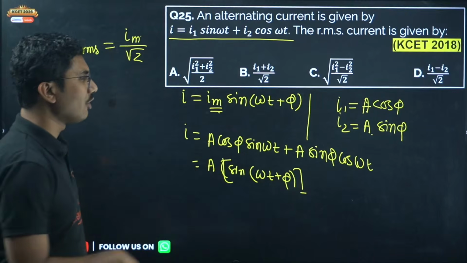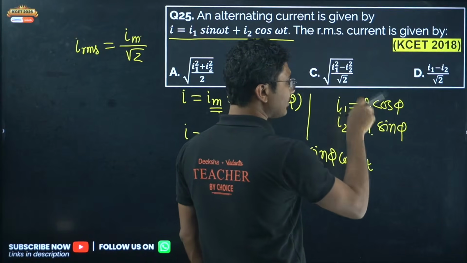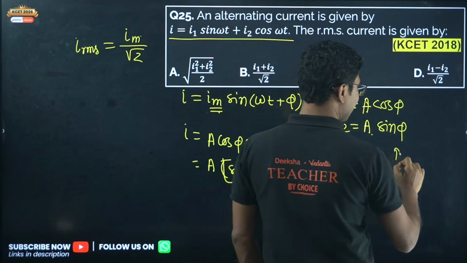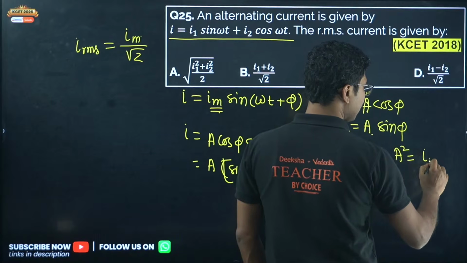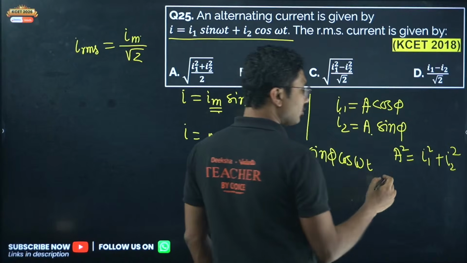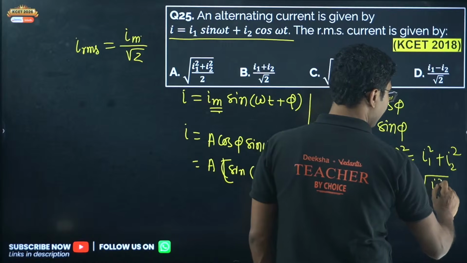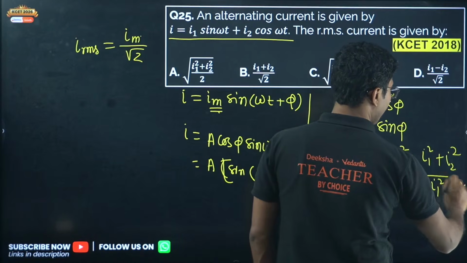Now what is the value of A? To find the value of A, we have to square both sides and add them. So A square equals I1 square plus I2 square, since sin square plus cos square theta is 1. So A is basically the square root of I1 square plus I2 square.